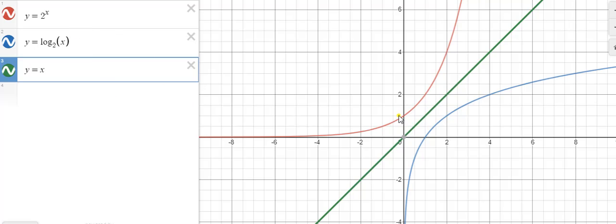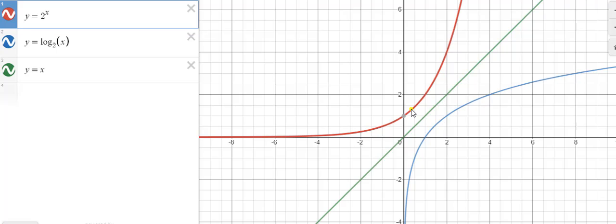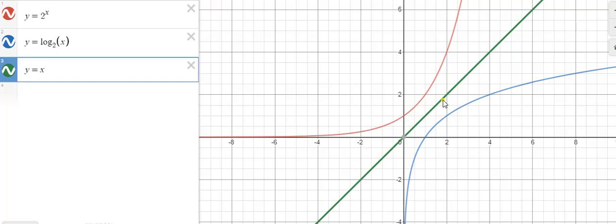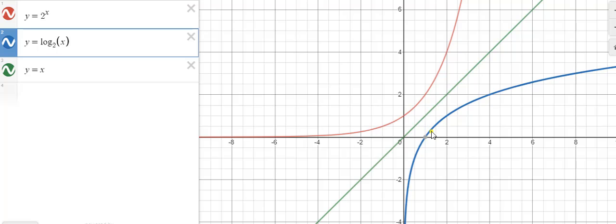So when you have y equals 2 to the x, which is an exponential function, and y equals log base 2 of x, which is the inverse of y equals 2 to the x. Now, when they're inverses of one another, remember, graphically, when you fold the paper along y equals x, they will overlap. So basically, it's a reflection with respect to y equals x. This is log base 2 of x, and that's y equals 2 to the x.